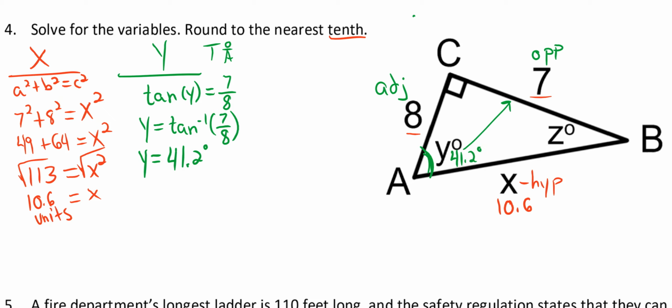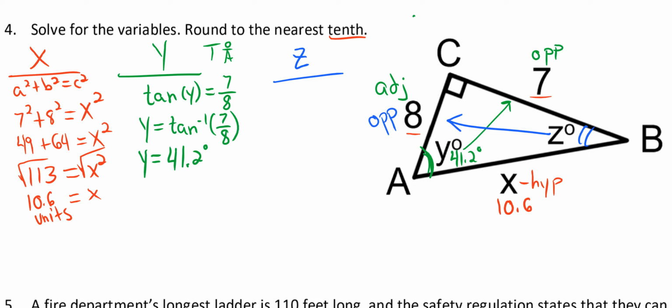And now we have to solve for z. So z is this other acute angle here. Now, we could use the 41.2 and subtract from 90 to get z. But if we made a mistake on y and did that to get z, that means our z value is also going to be wrong. So we're going to do the same thing we did for y and use our trig functions. Let's take a look. For z, 8 is opposite of z.